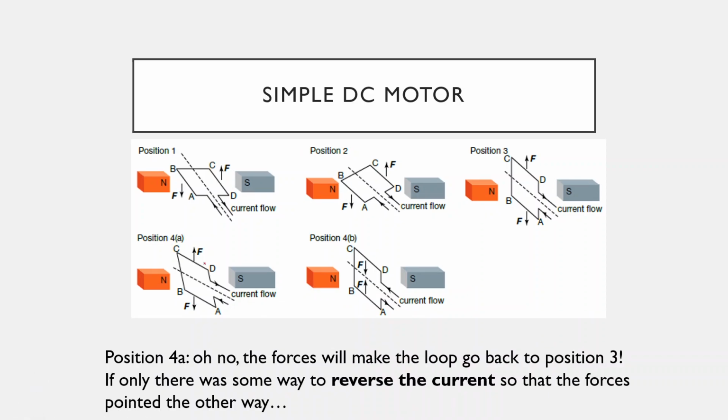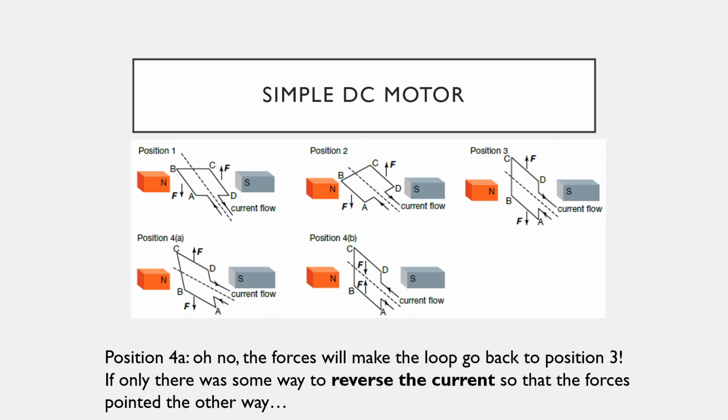However, again, using the slap rule in position 4A, you should still see that the forces on AB and CD are going to make it so that the loop just rotates back to position 3. And like we said before, it might wobble back and forth, but eventually it would come to rest in position 3.